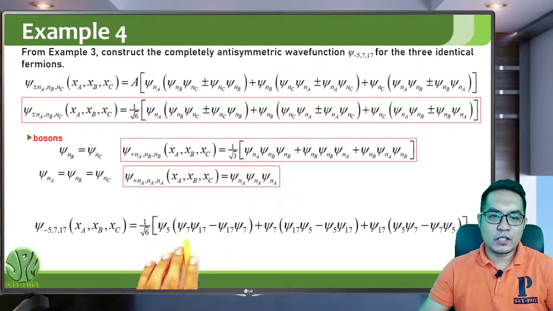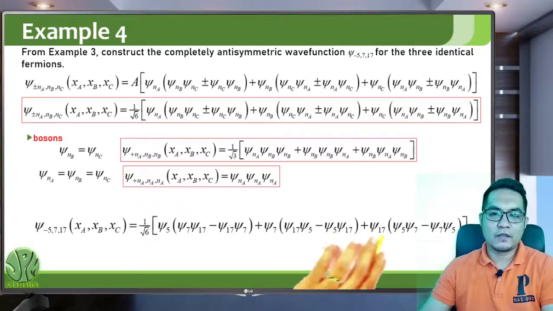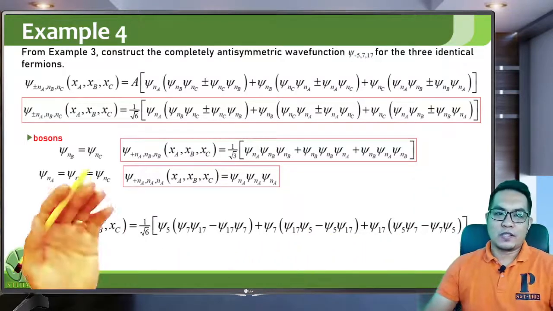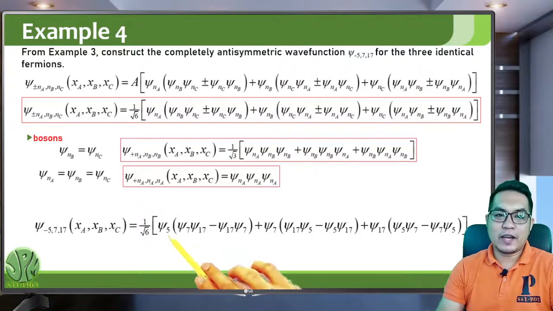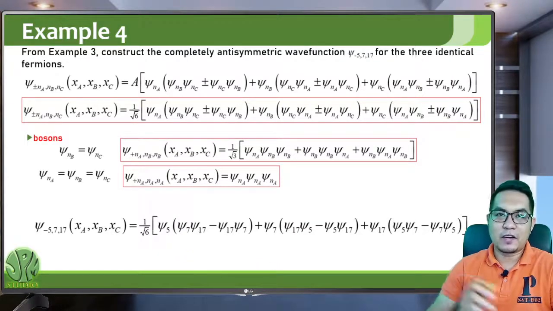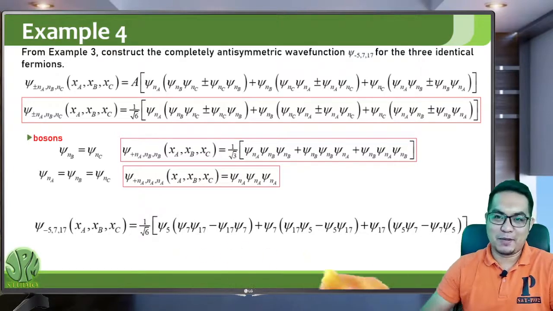So you have 1 over square root of 6, and then there's a subtraction operation here. Even though these single particle states, psi 5, psi 7, psi 17, are for a single particle trapped in a one-dimensional infinite square well potential, you don't need to expand this one because it will be very long if you expand that.